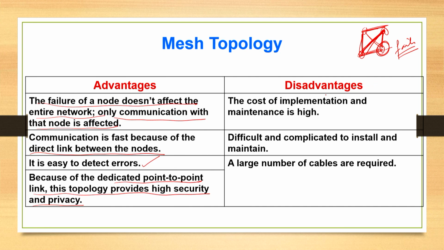Limitations are what? Obviously, the cost of implementation and maintenance is very high. It is difficult and complicated to install and maintain because you have to establish a point-to-point connection with every node in the system, and a larger number of cables are required. So, this is all about the mesh topology.